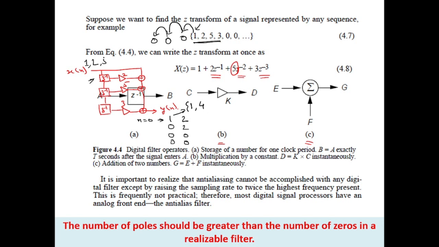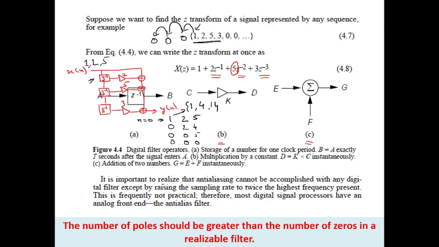Next, what is coming? 5 is being released. 5 will come over here. What was before 5? 2. 2 into 2 is 4. Here, 5 into 1 is 5. And this 0 came here. So 4 plus 5 is 9, plus 5 is 14. Right.